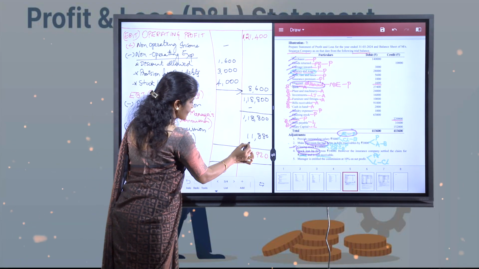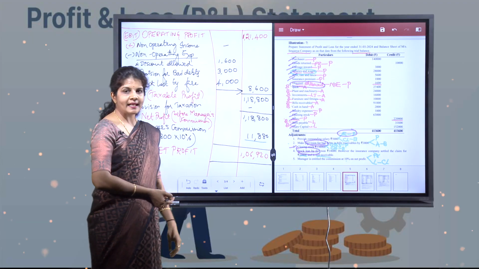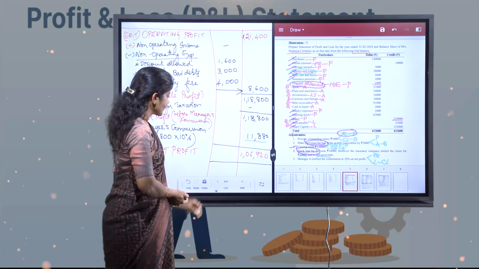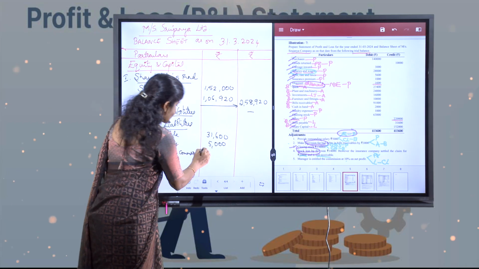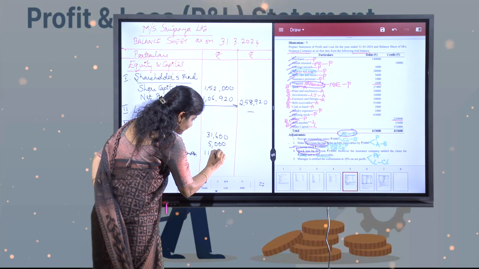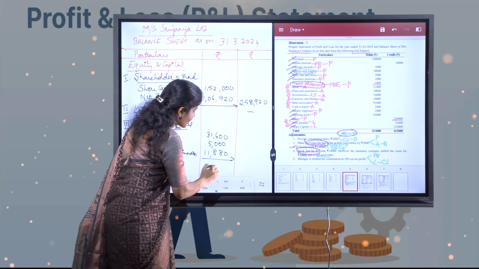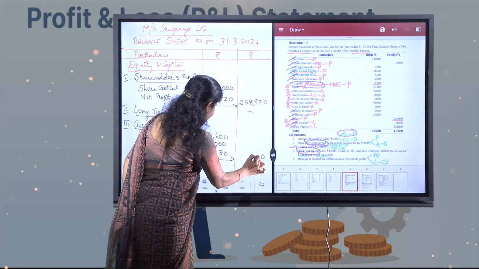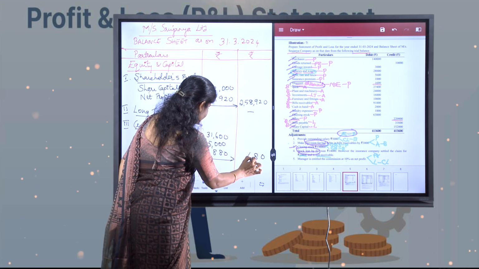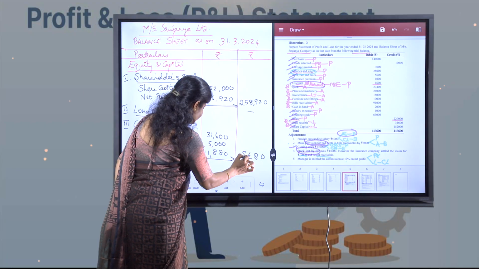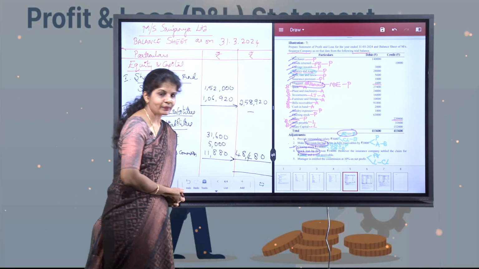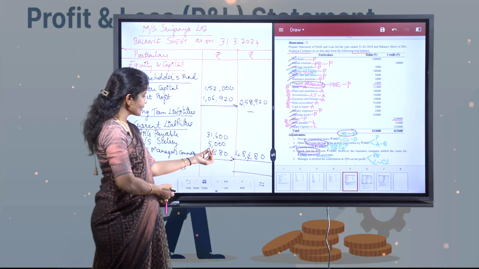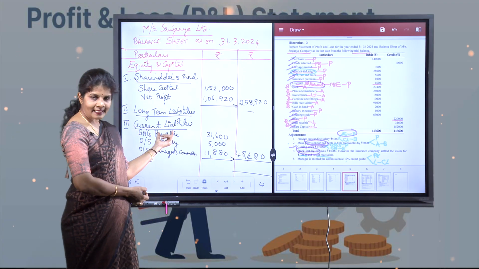This is the amount we got, 11,880 rupees, correct? Let us take this total to the outer column. 48,480 we got. So this 48,480 is a current liability.